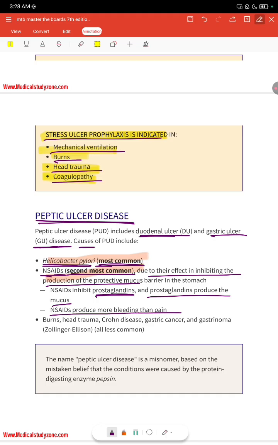You know why? Because it inhibits the production of the protective mucus barrier, and the mucosa of the stomach gets exposed to the harsh environment of the stomach acids.